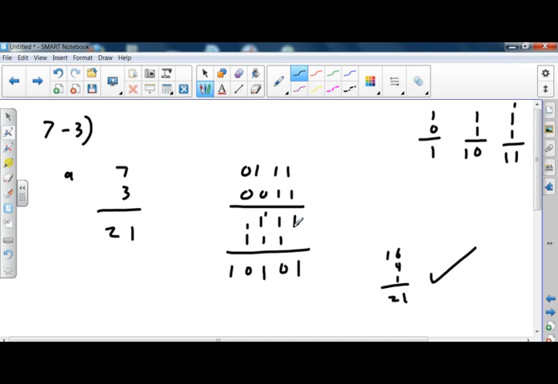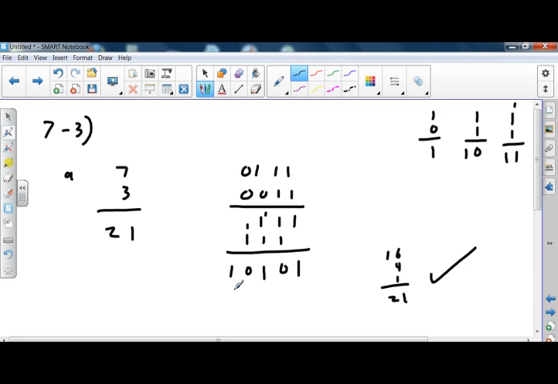So that 1 becomes a 1. 1 and 1 becomes 0, carry the 1, because it's 2, and that's what 1 carry the 1 means. And then 1, 1 and 1 is 3, that'd be a 1, carry the 1. 1 and 1 is 0, carry the 1. Okay, good enough?